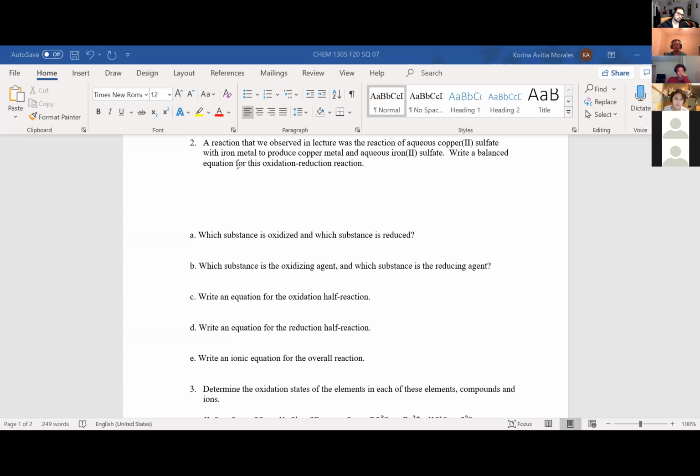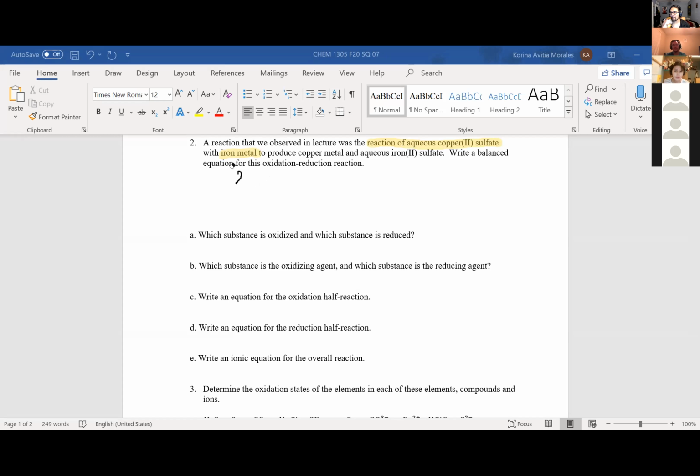Okay, let me help you really quick with that. Remember, it's the reaction of aqueous copper 2 sulfate with iron metal. So what are our products? How would you write them in a chemical equation? Would it be 2Cu?